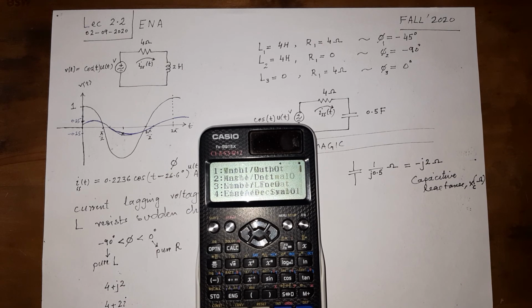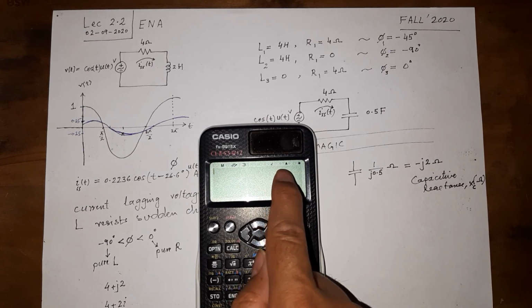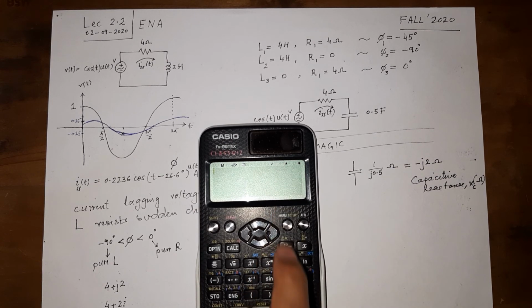What's this input output? I can't understand that. So let's go to the complex mode, and let's choose 2. I don't understand, but a triangle basically had appeared here.